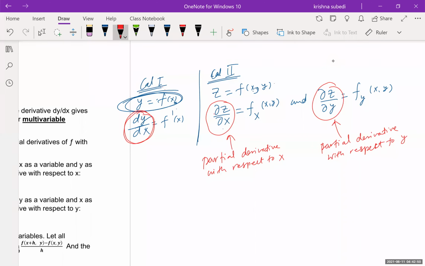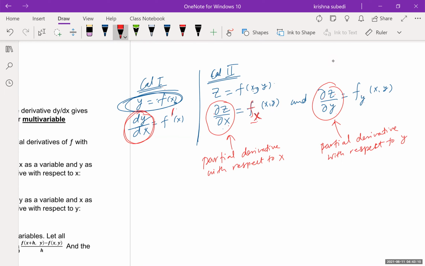Okay, and as we have two different symbols to represent the derivative in calculus 1, one is dy over dx, and you can also represent it by f prime of x. In the same manner, we have delta z over delta x and delta z over delta y. And if you want to use another notation, it is f sub x or f sub y.